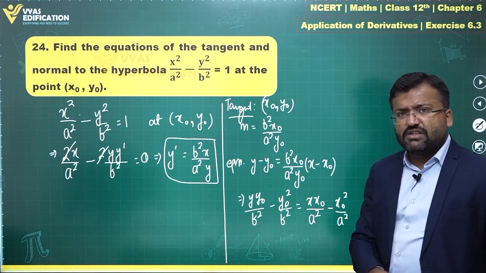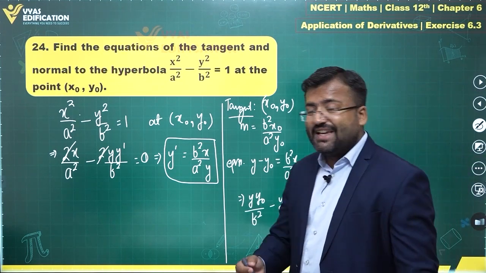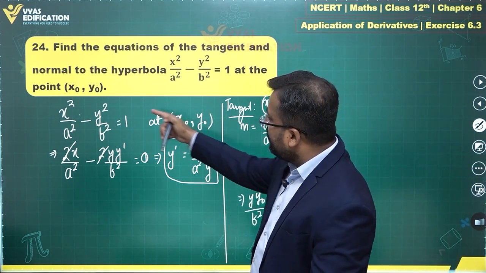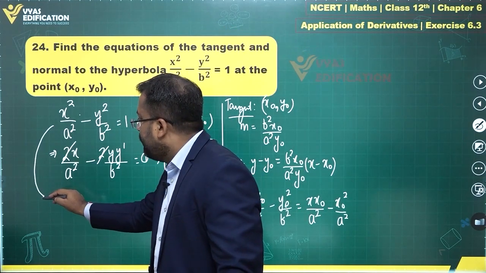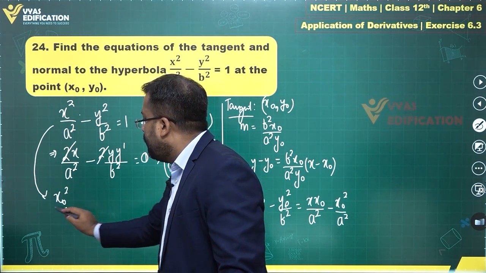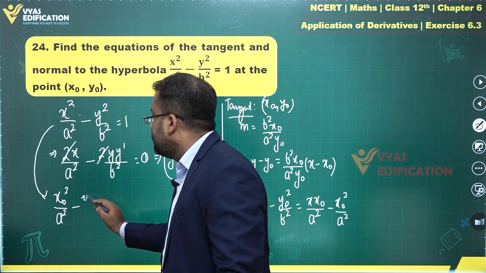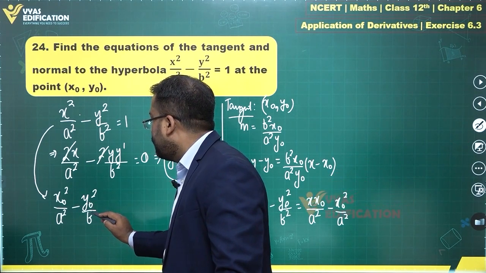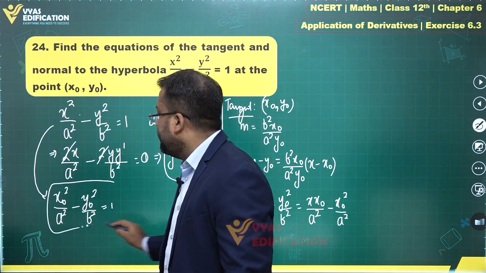And what's the benefit of this? Since x0, y0 lies on the hyperbola, we know that x0 square over a square minus y0 square over b square is equal to 1. Do we remember this? Yes.